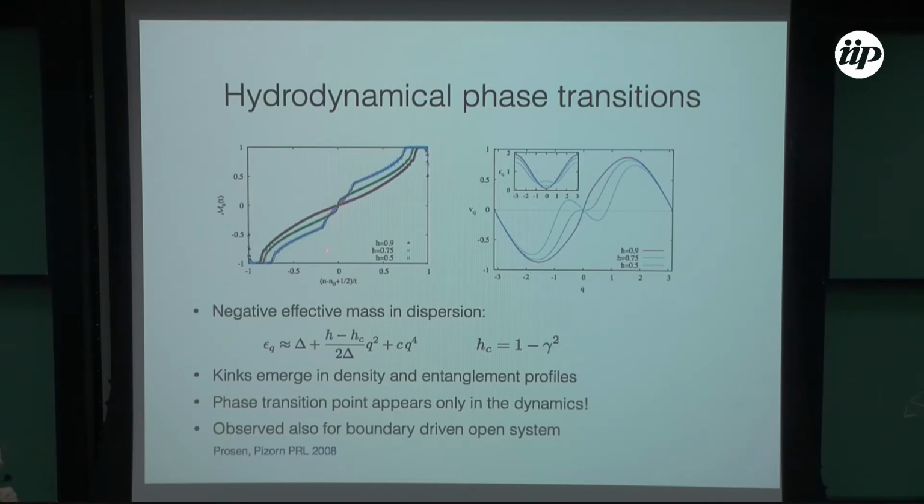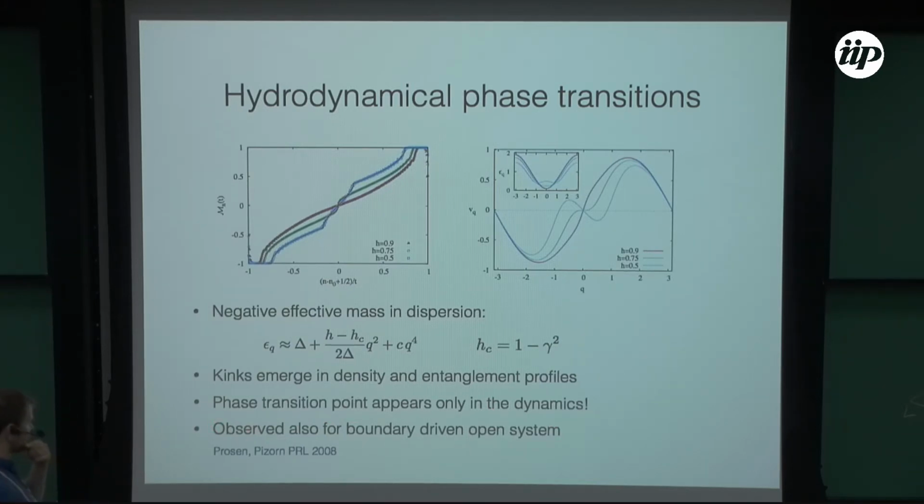If you go below this critical field, then there is a kink appearing. So this is sort of analogous to some kind of phase transition also because of this negative mass description. But importantly, it really only appears in the dynamics.